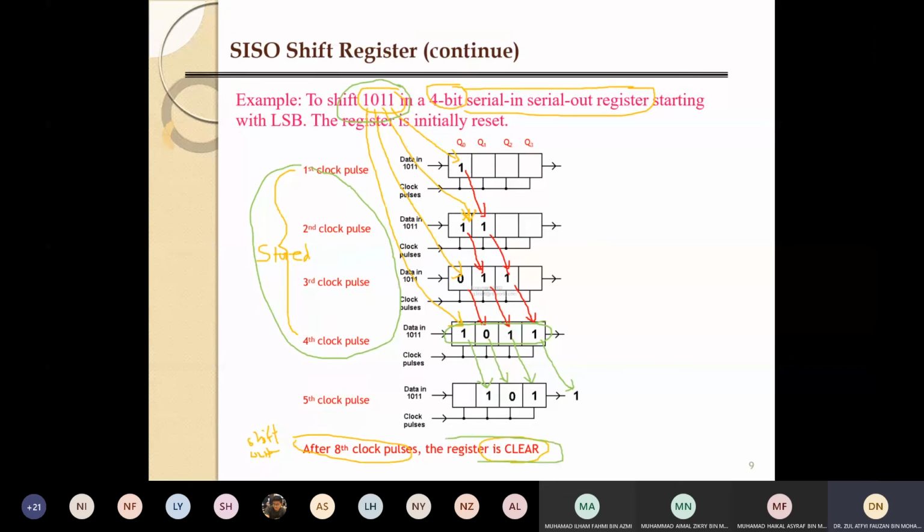So during 8 clock, the register is clear, or all 4-bit data is already shifted out: 1, 1, 0, 1. Okay, so this one from 5th clock, this is 6 clock, 7 clock, and this is 8 clock shift out.